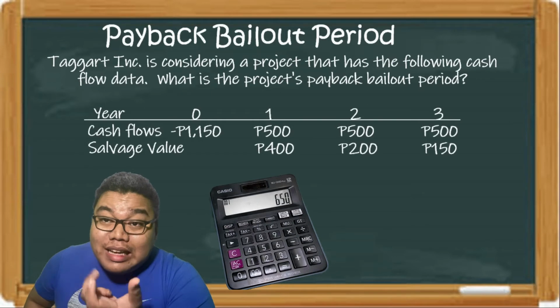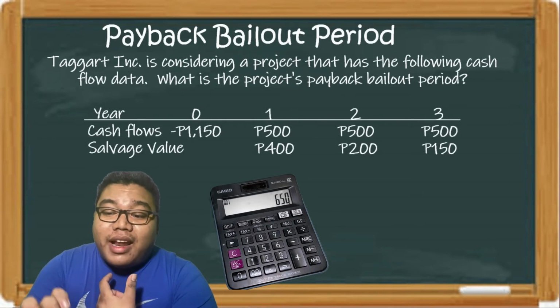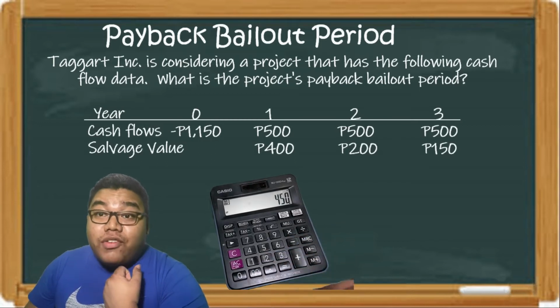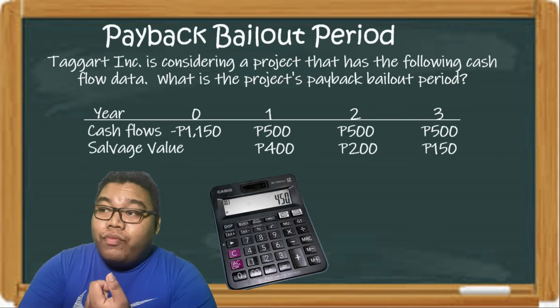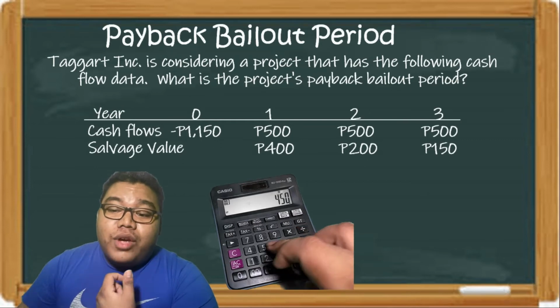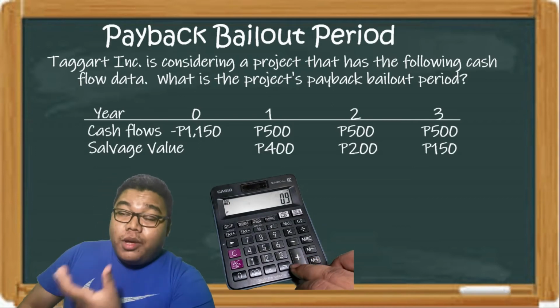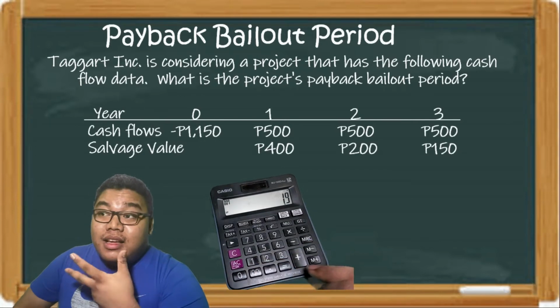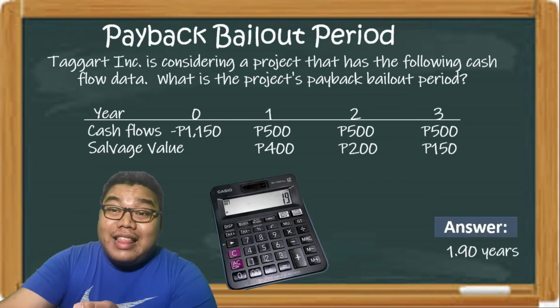We will first consider the salvage value, minus 200. We still now have 450 to recover divided by the cash flow at year 2, 500, so we have 0.9. We add that with 1 year because 1 year has passed, so the answer would be 1.9 years.